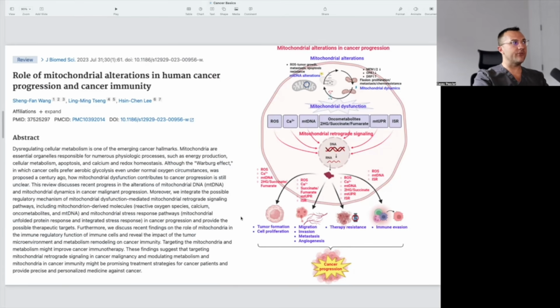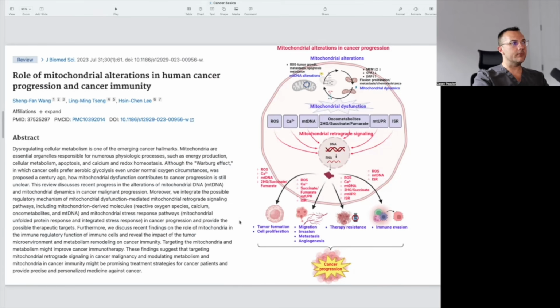Although the Warburg effect, in which cancer cells prefer aerobic glycolysis, even under normal oxygen circumstances, was proposed a century ago, how mitochondrial dysfunction contributes to cancer progression is still unclear.